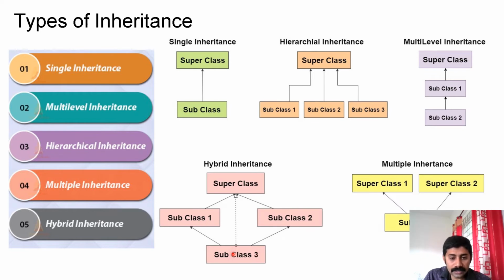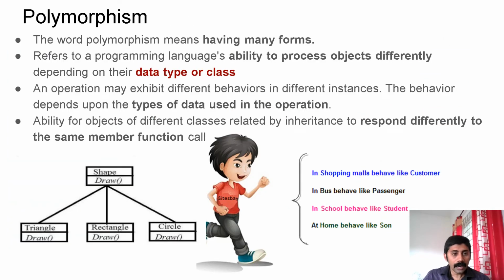Now class 3 is derived from class 1 and class 2. So the superclass properties can reach the derived class through two routes. So this is hybrid inheritance. Support for these inheritance types varies from programming language to language, which we will study when we are learning the Java programming language.